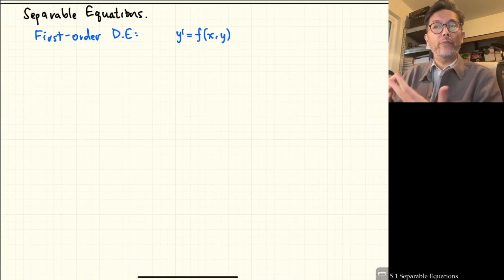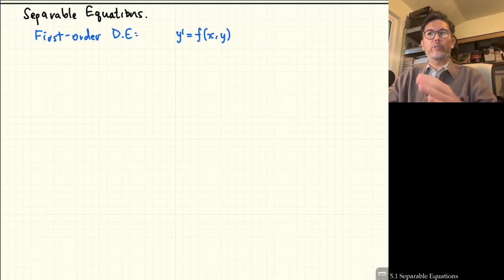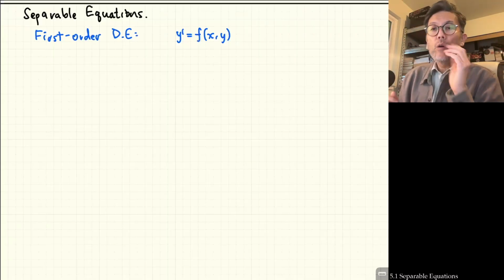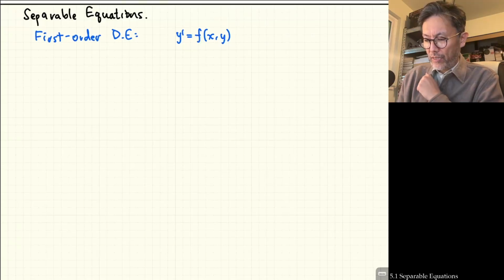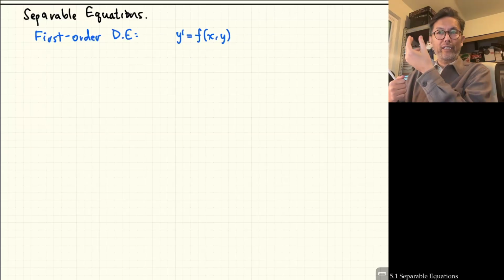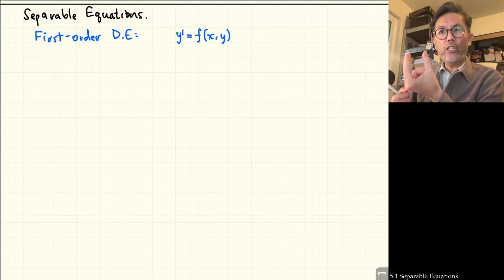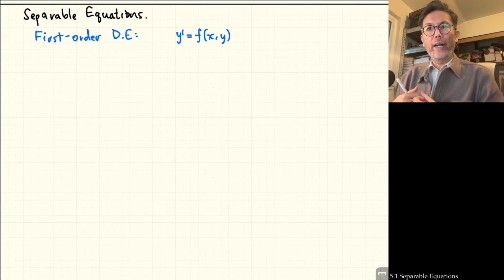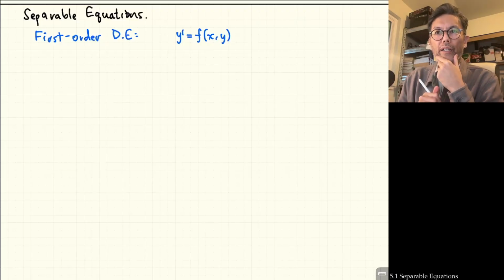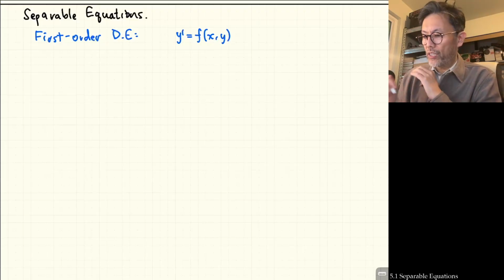So what we very often want to do is narrow down to special cases of f of x, y. One special case that separability covers is when f of x, y can be written as a product of a function of x and a function of y.